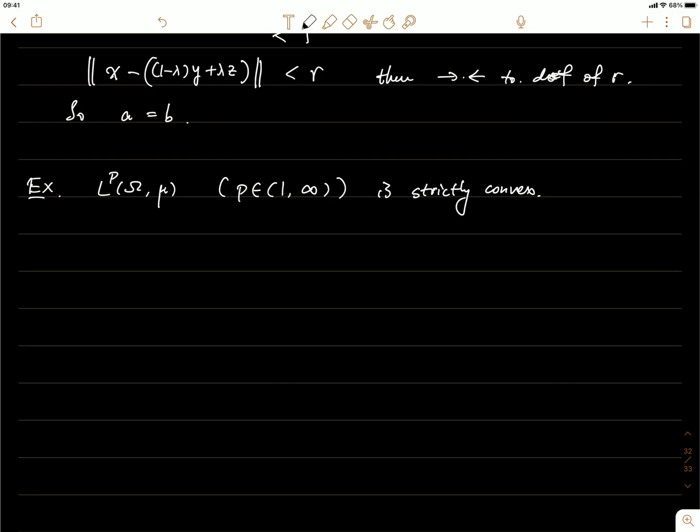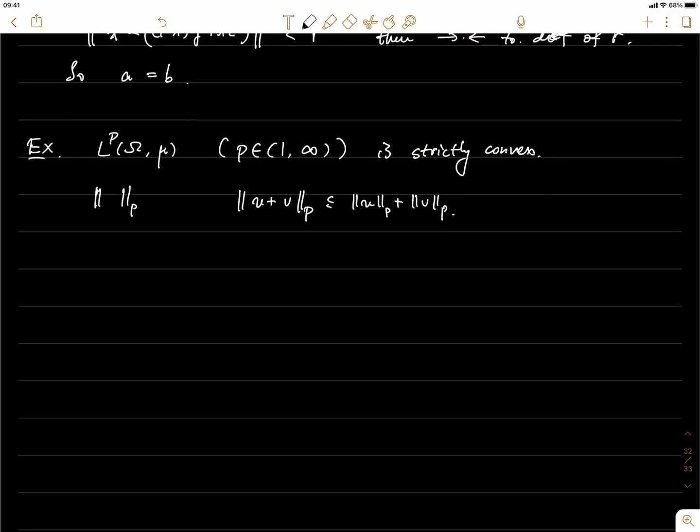Recall that the norm defined on LP is the P norm, right? The property of the P norm is that by using Minkowski's inequality, we know this is always true. But in which case does this inequality become an equality? Apparently, when U or V is 0, then this is an equality, right?